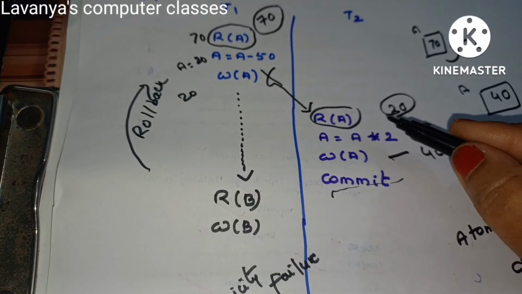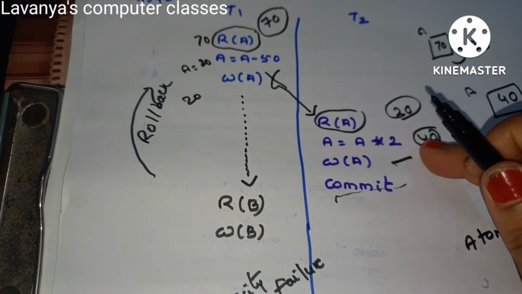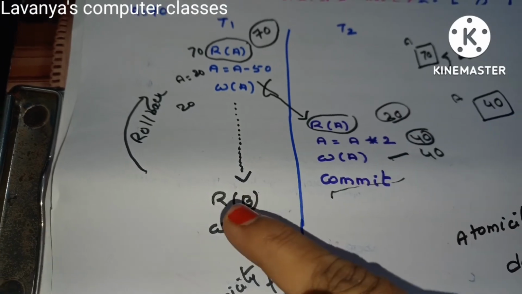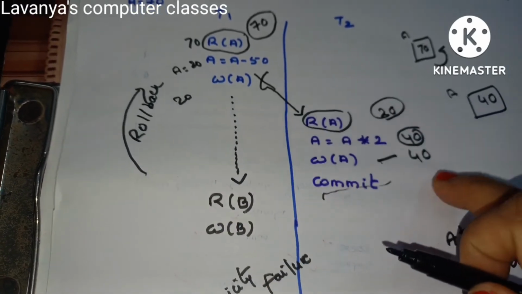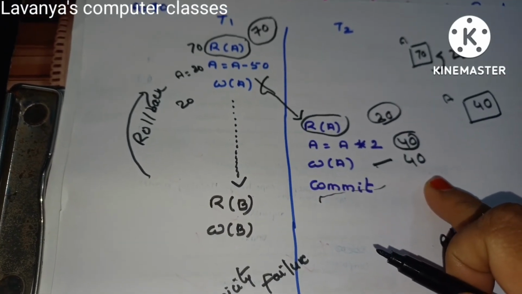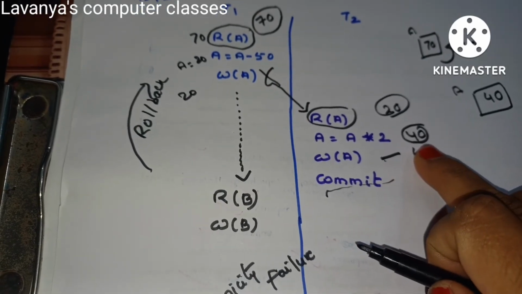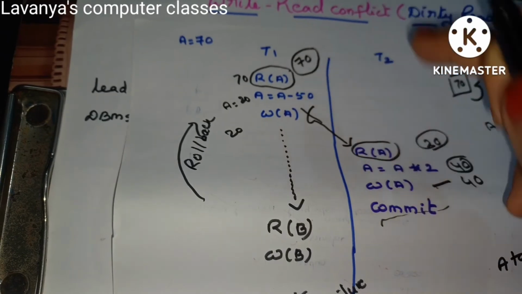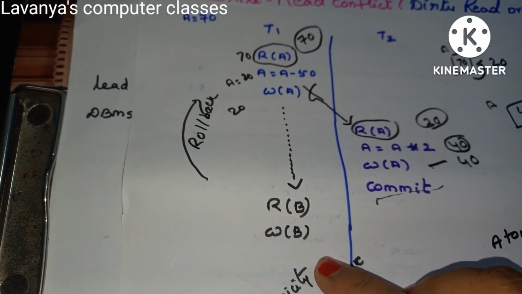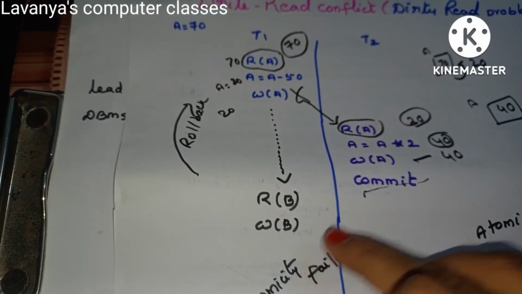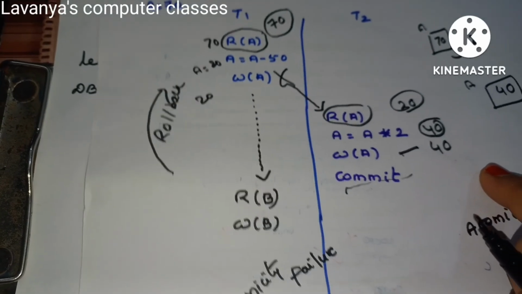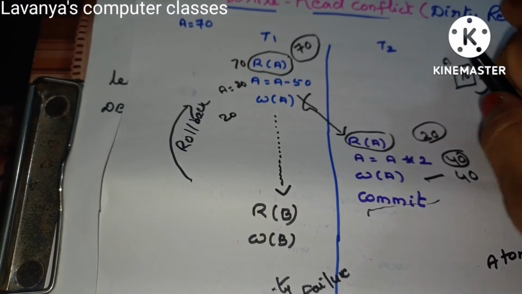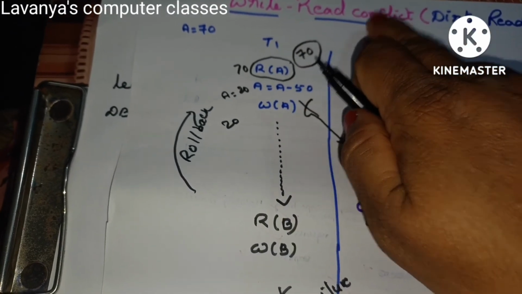Whatever value of A is read in transaction T2 disappeared because we have done the rollback. This type of problem is called dirty read. This problem is known as write-read conflict. Before committing transaction T1, we started T2. That's why we face this problem, called the dirty read problem, the write-read conflict.